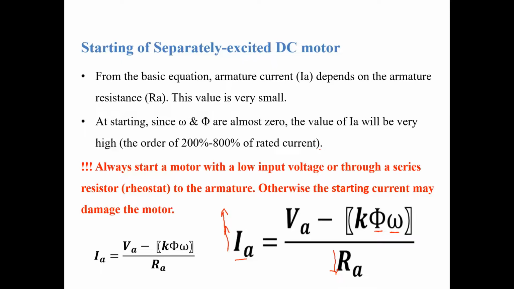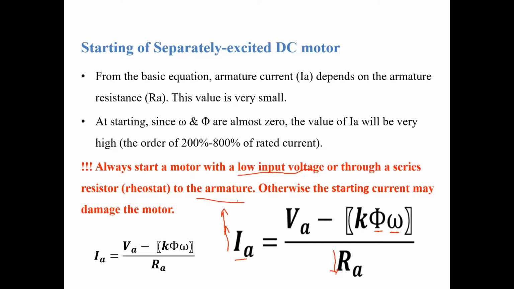So when we start a separately excited DC motor, we have to start with a very low input voltage, or we have to insert a series resistor or rheostat connected to the armature. Otherwise, if you directly give the rated voltage, the overcurrent may overheat the motor, and the machine might be burned out.